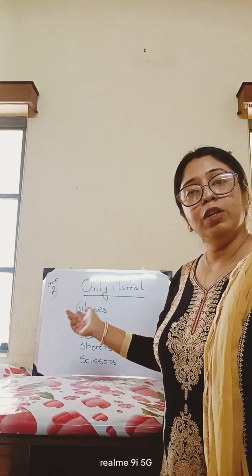Except that, there are some nouns that have only plural forms, and also some exceptional cases whose singular and plural forms remain the same. So the concept of how to change the singular noun to the plural form ends here.